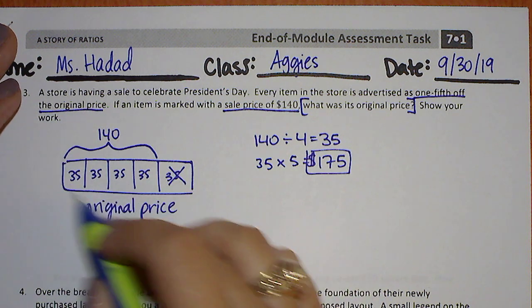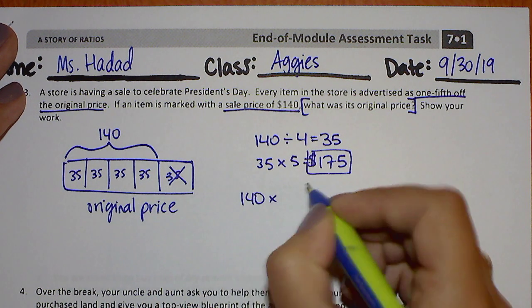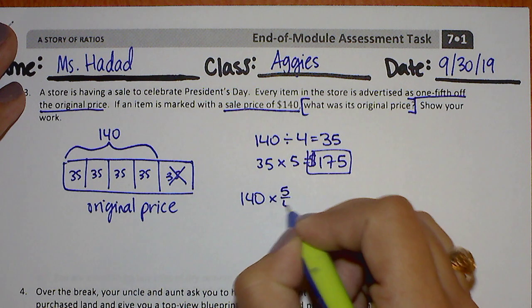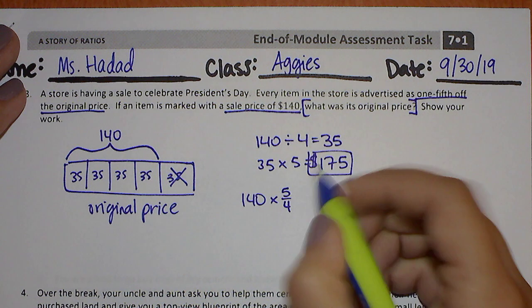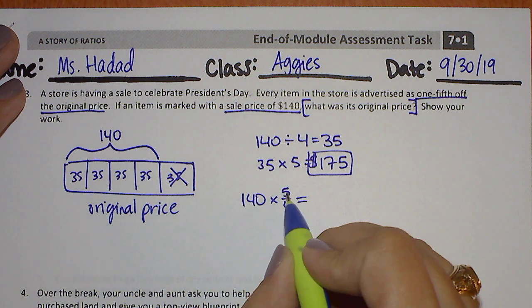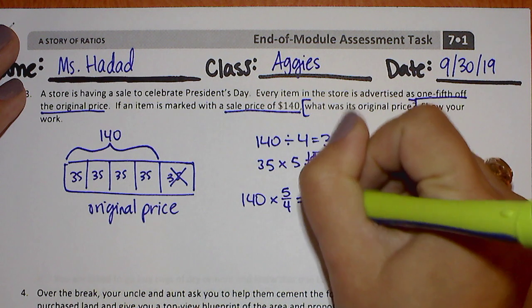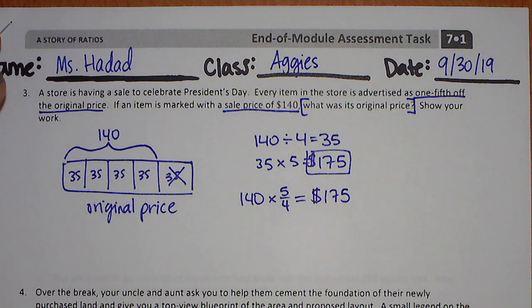I'm looking for what the whole thing would be. So 140 times 5/4, the opposite. 140 times 5/4, let's see, it's the same thing as dividing by 4 and multiplying by 5. I get 175.